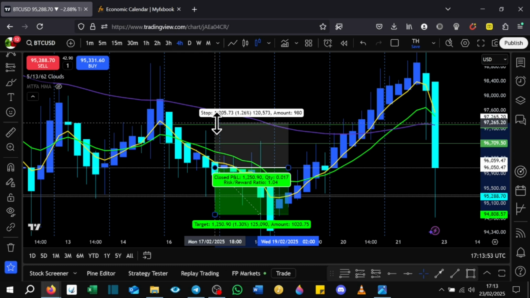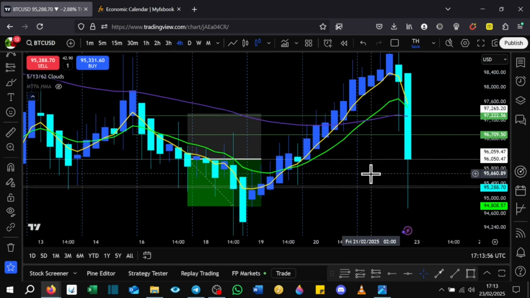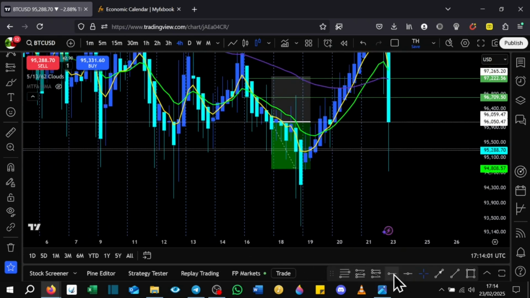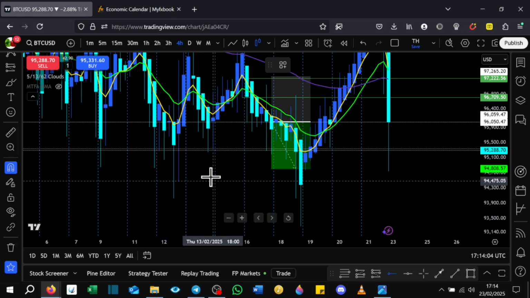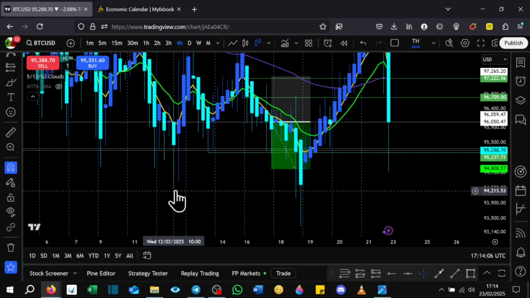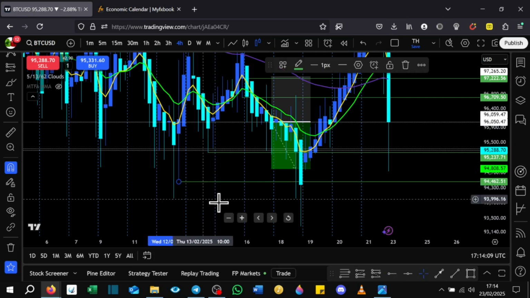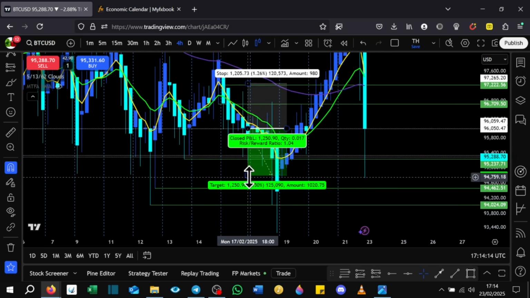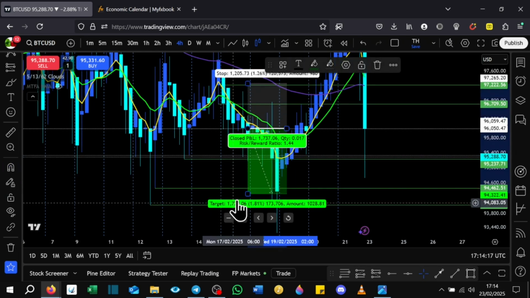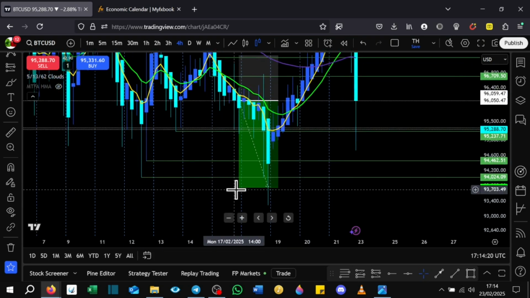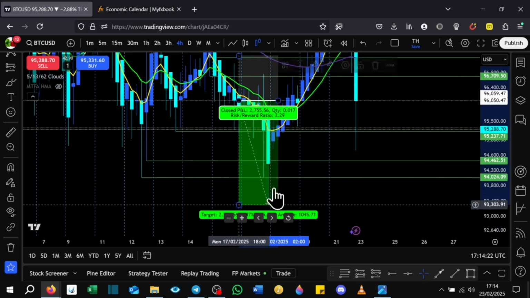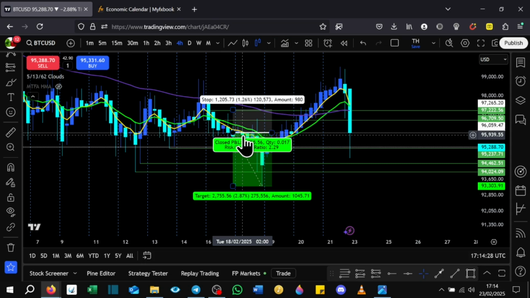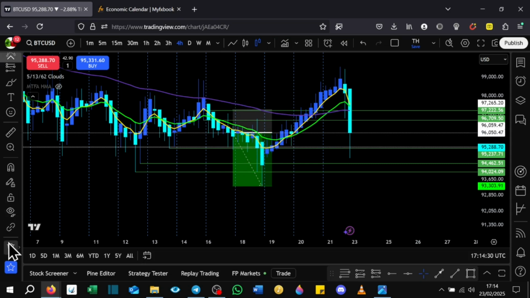Stop loss just above the high of this candle, and then TP would be to take out this low, or this low, or there's a low here as well. As you can see, price did sweep all of those lows, and it went as far as that, which is over a 1-to-2 trade, and that was a beautiful short opportunity on Bitcoin.